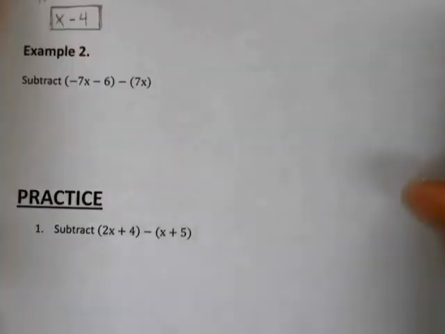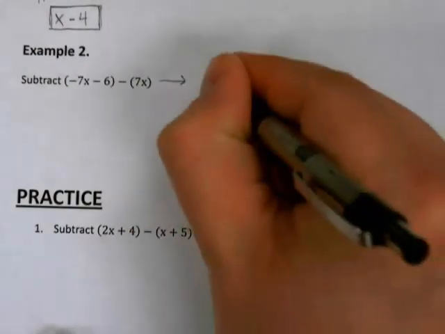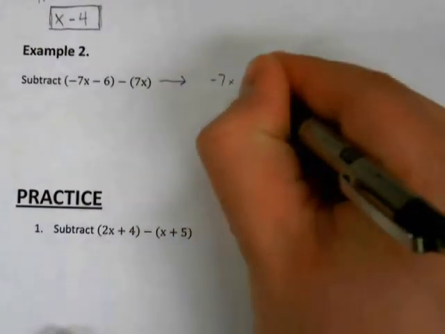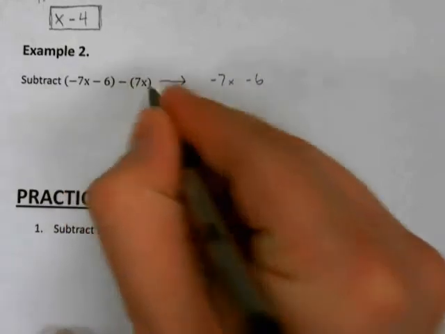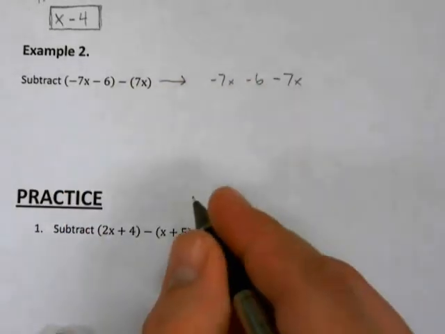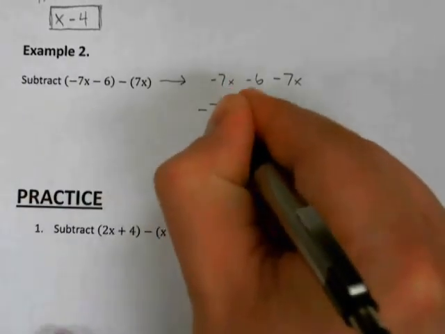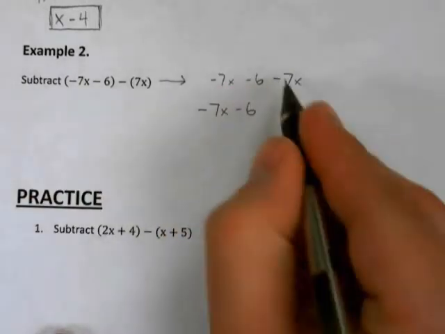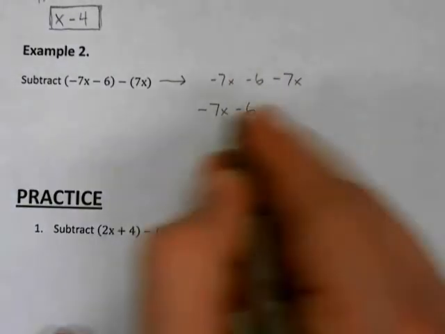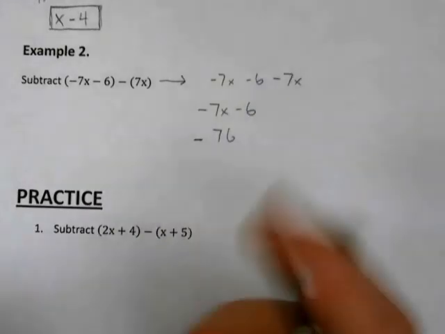So first thing we're going to do is rewrite this expression here as negative 7x minus 6, and I'm going to distribute that negative to make it minus 7x still. Now I can rewrite it as minus 7x minus 6, and then this grouping right here, I'm going to subtract out 7x.